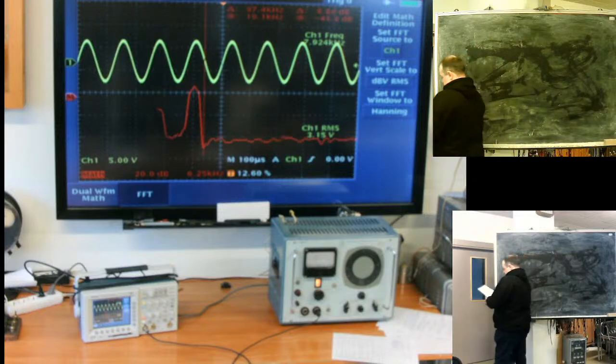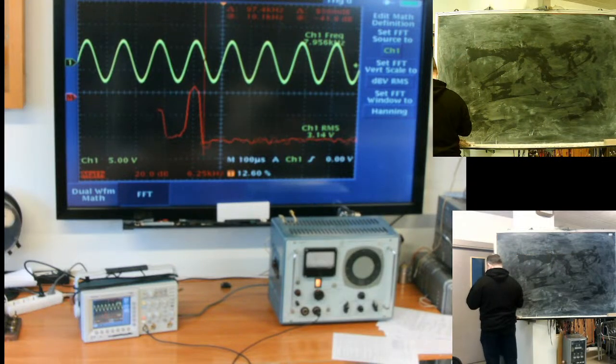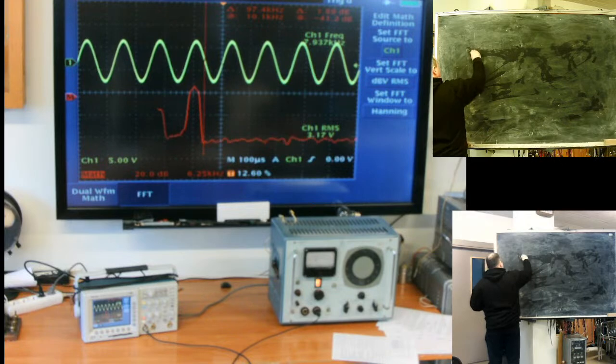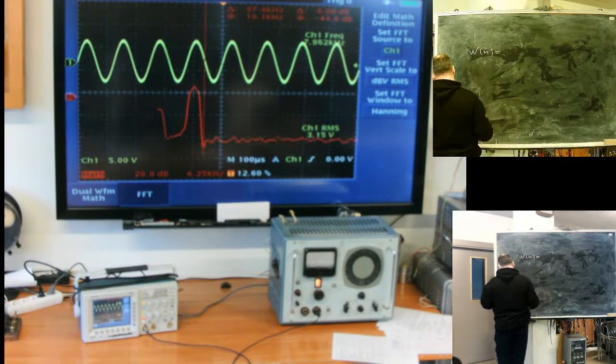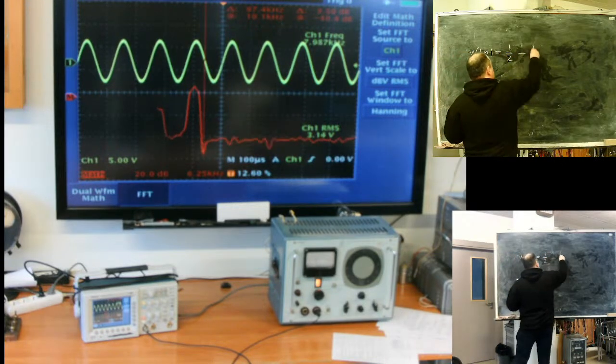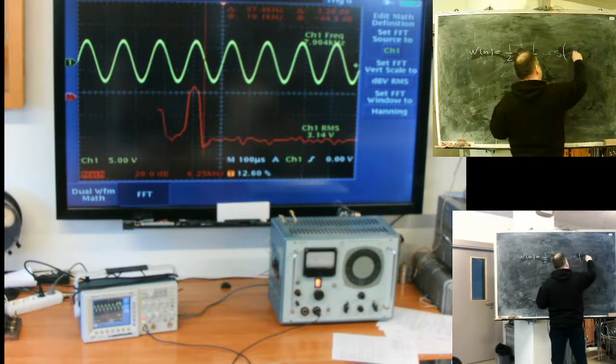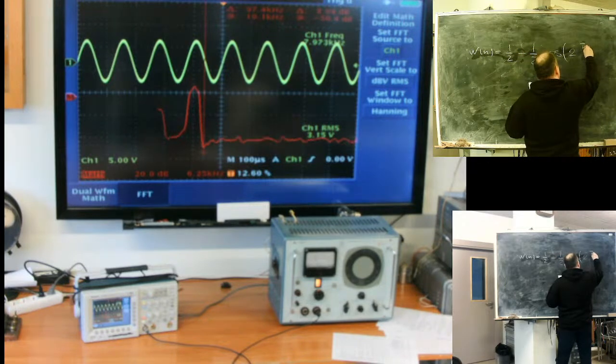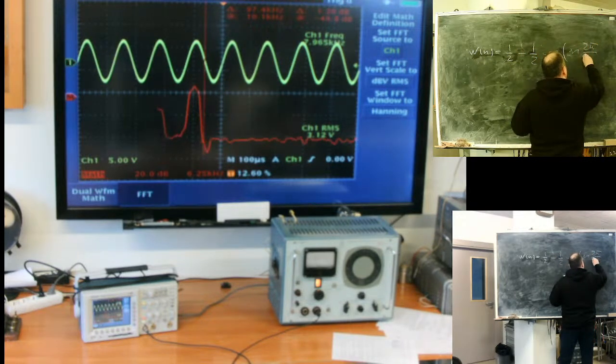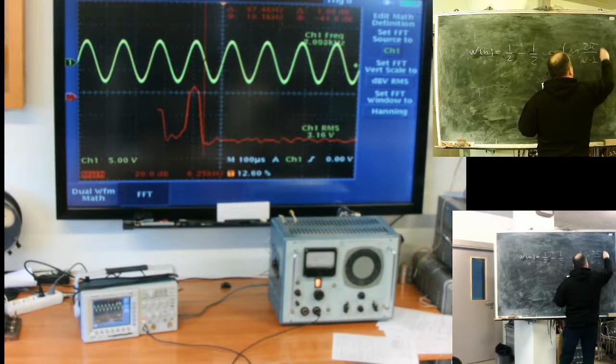Okay, for the Hann window, now I have 1/2 minus 1/2 cosine of 2 pi n divided by N minus 1.